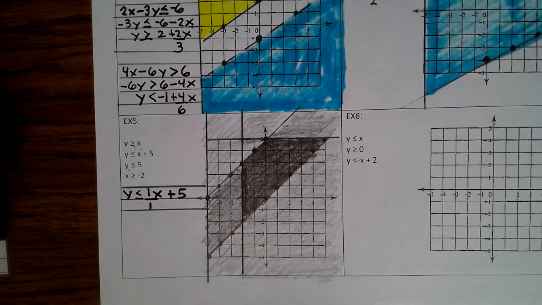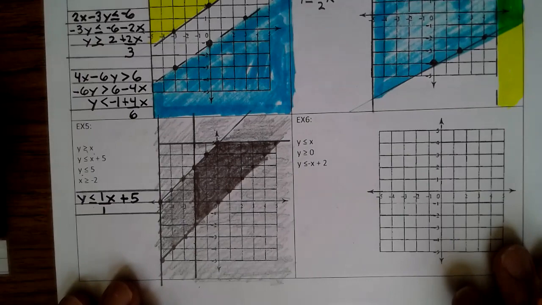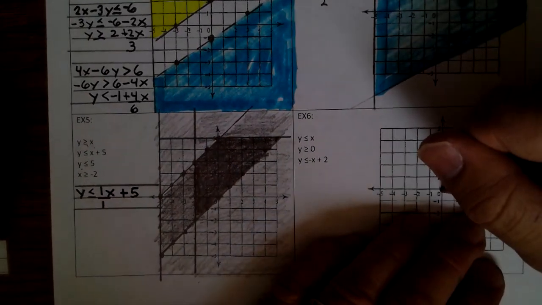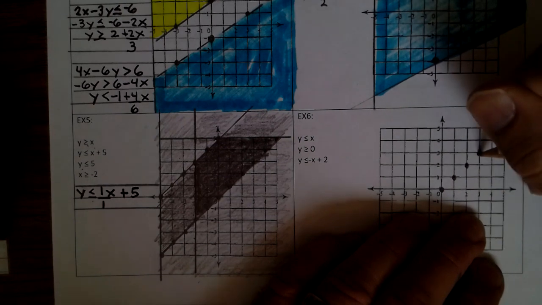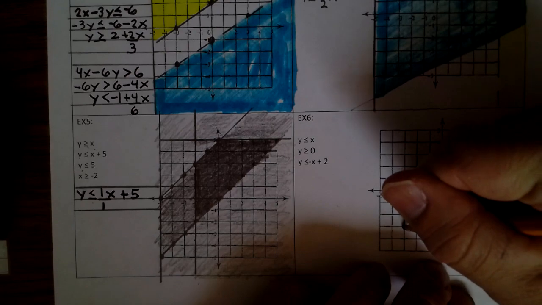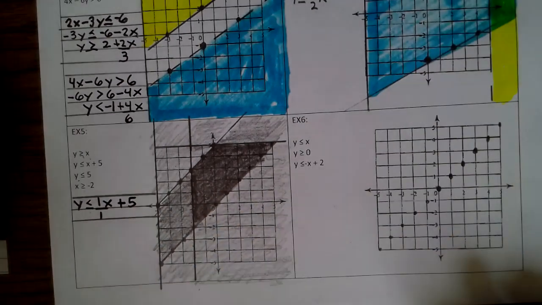All right, let's take a look at example 6. Okay. So y is less than x. That's again the parent function. It's a solid line.